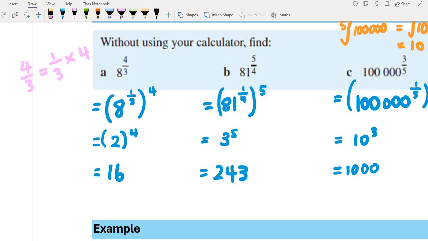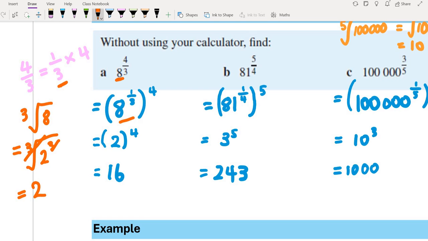And once you do that, you'll see that 8 to the power of 1 over 3, like over here, is 2, because that's the same as saying the cube root of 8, which means you need three numbers, something to the power of 3, to get out of this cubic root, which in this case is 2. So using that idea, 8 to the power of 1 over 3 is the same as 2. Therefore, we have 2 to the power of 4, which is 16.